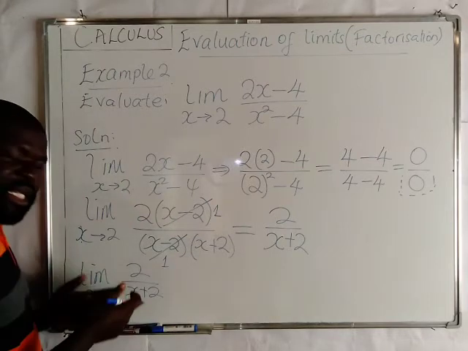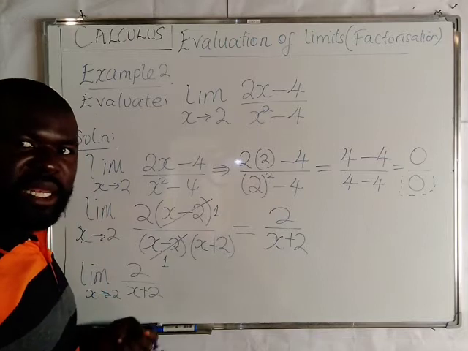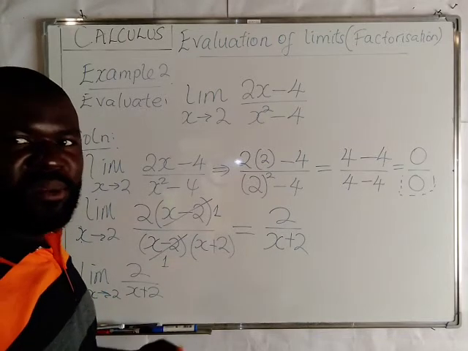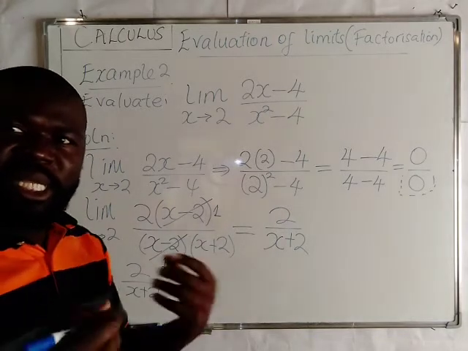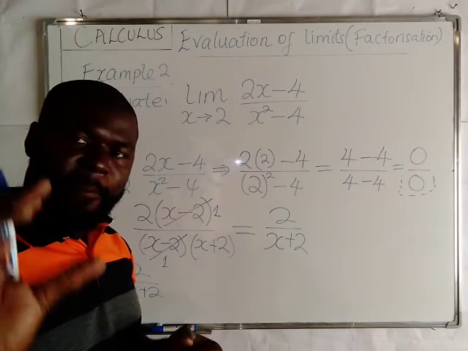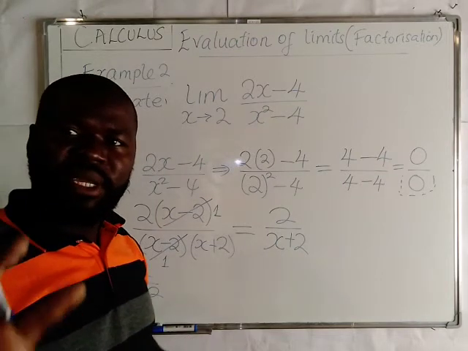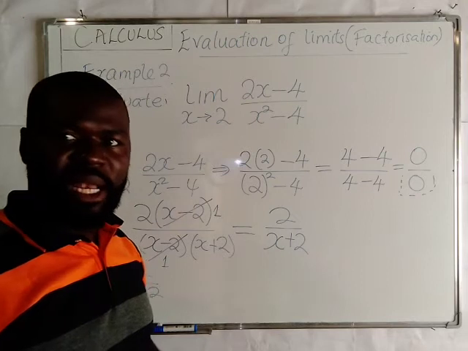As you can see here, we can go and use direct substitution. This time we shall not get the indeterminate form. The indeterminate form is where the denominator is 0, and division by 0 in mathematics is not allowed.